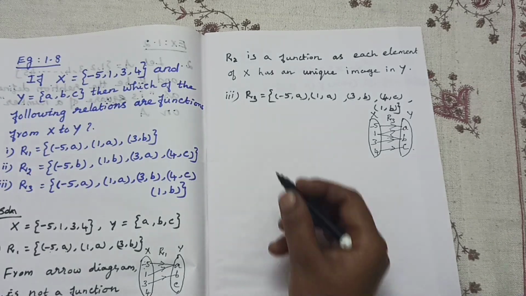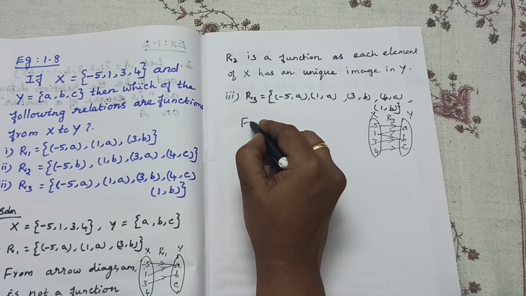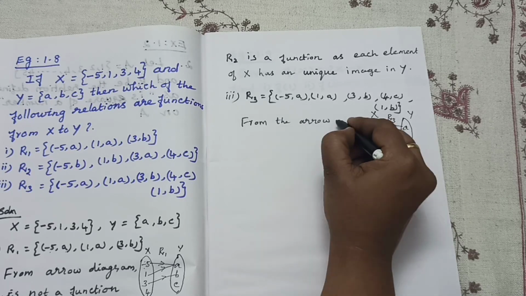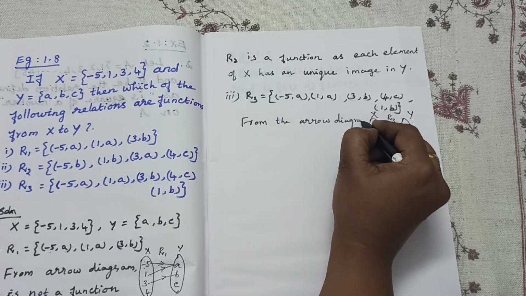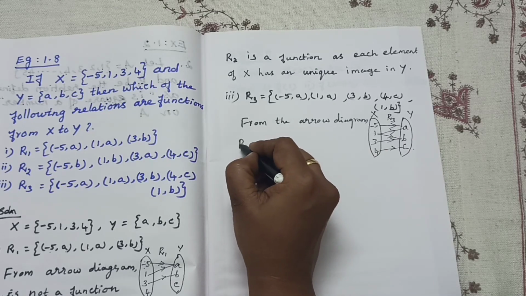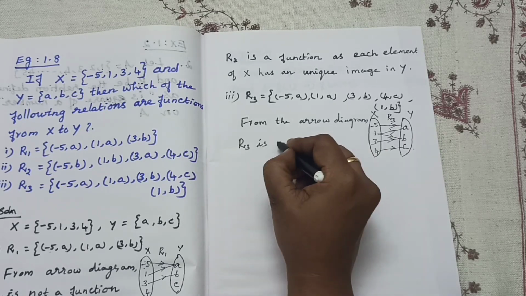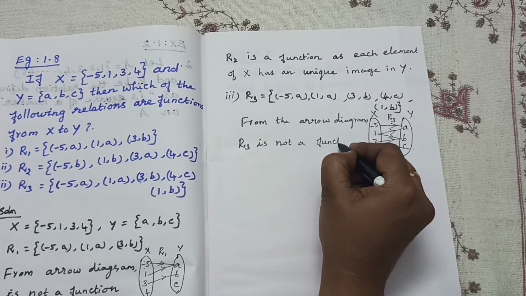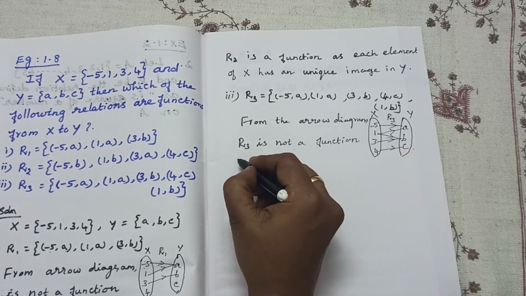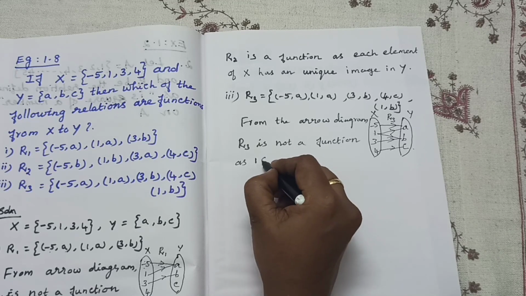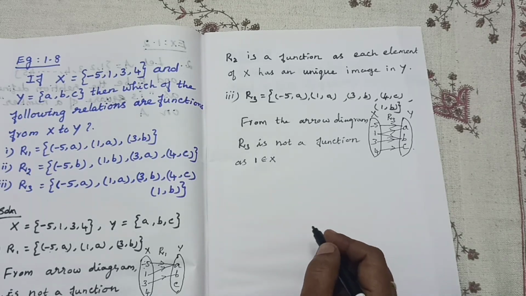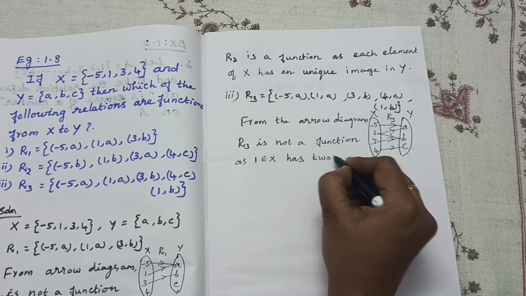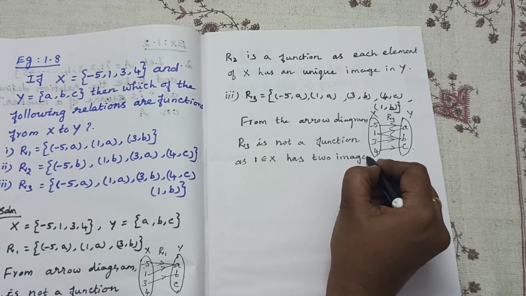Okay. From the arrow diagram, R3 is not a function. Why? Because 1 belongs to X and has 2 images.